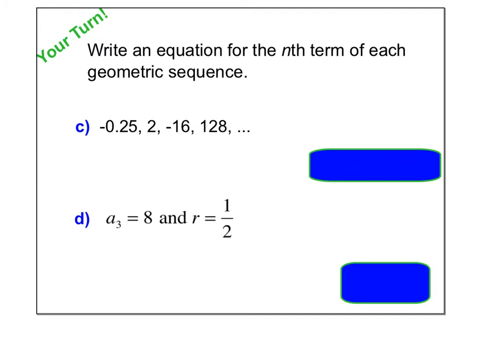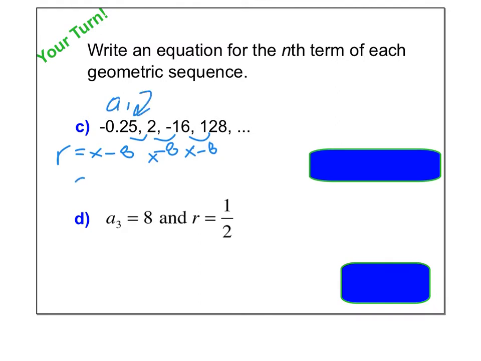Write an equation for the nth term, just like the previous page. So we need a common ratio. How am I going from negative 0.25 to 2? How am I going from 2 to negative 16? I know I'm multiplying by negative 8. So r is equal to negative 8. A sub 1 is here.